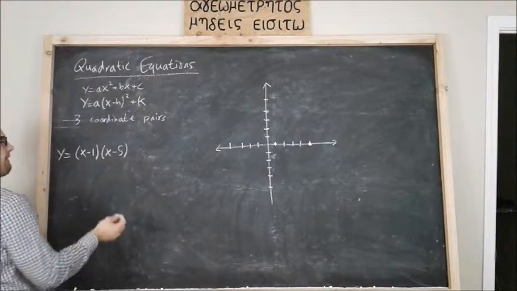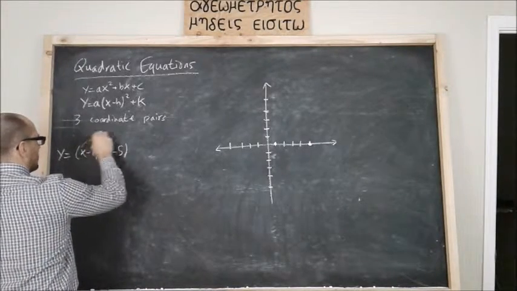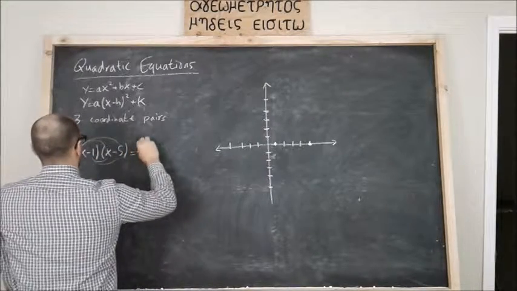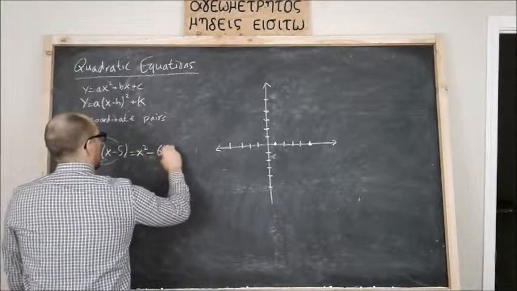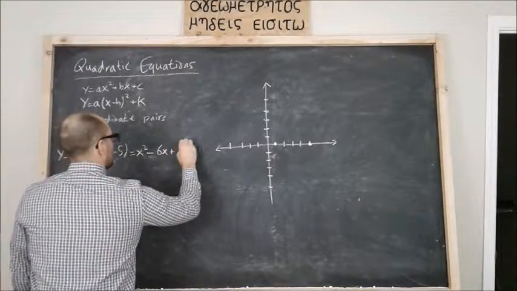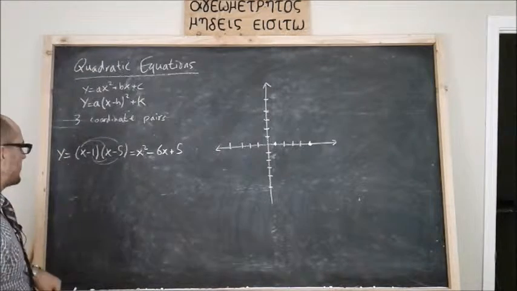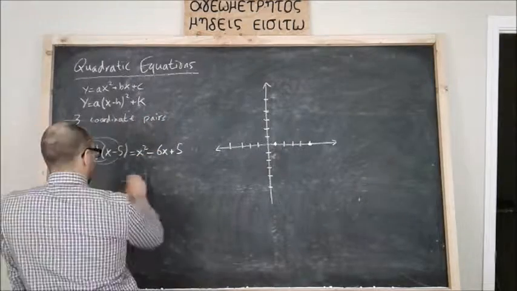Okay, now if I FOIL it out, first, outer, inner, last, I'm going to get x squared minus 6x plus 5.